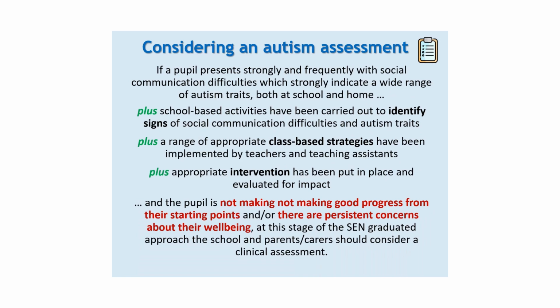Considering an autism assessment. If a pupil presents strongly and frequently with social communication difficulties which strongly indicate a wide range of autism traits, both at school and at home, plus school-based activities have been carried out to identify signs of social communication difficulties and autism traits, plus a range of appropriate class-based strategies have been implemented by teachers and teaching assistants, plus appropriate intervention has been put in place and evaluated for impact, and the pupil is not making good progress from their starting points, or there are persistent concerns about their well-being.